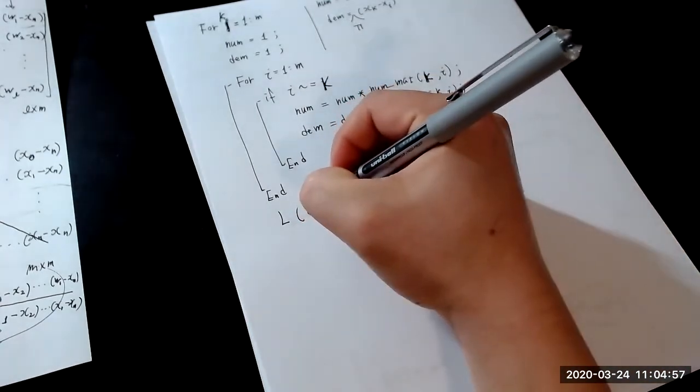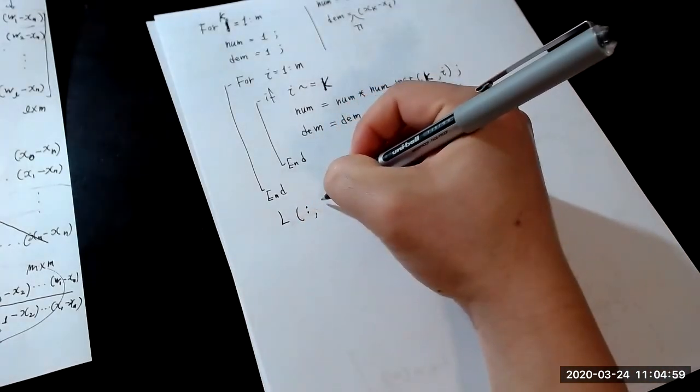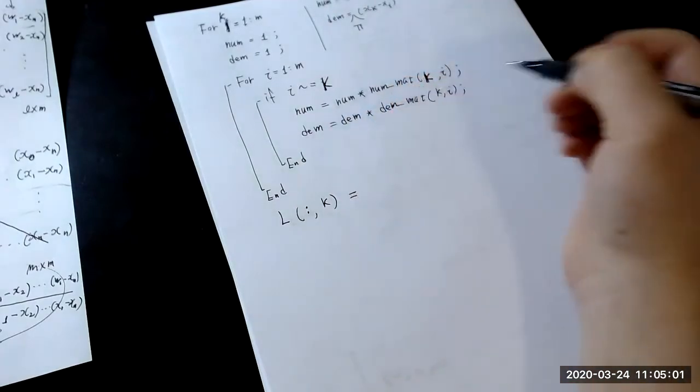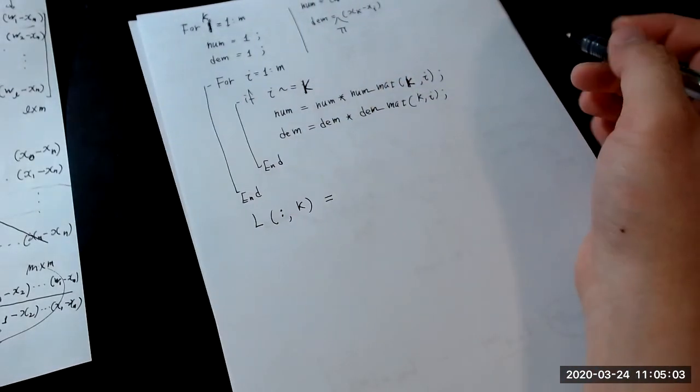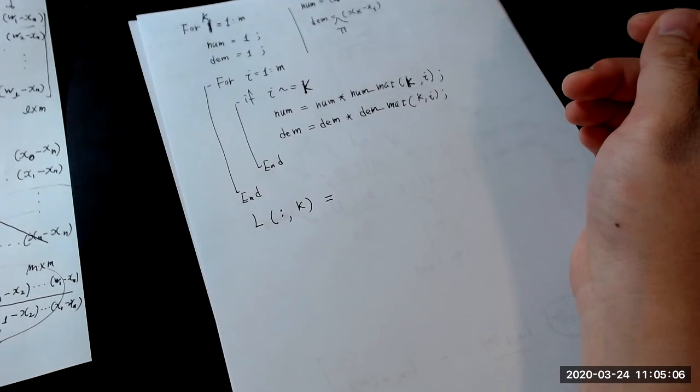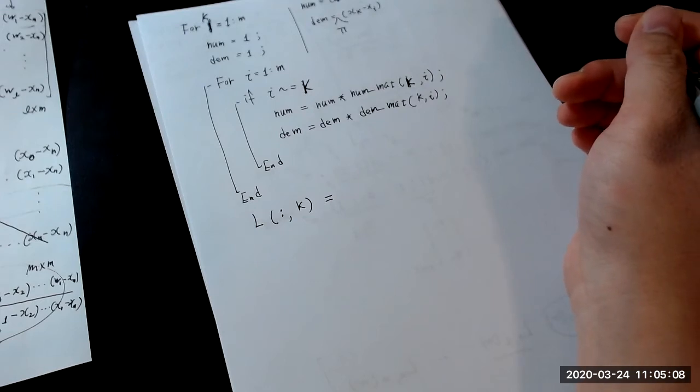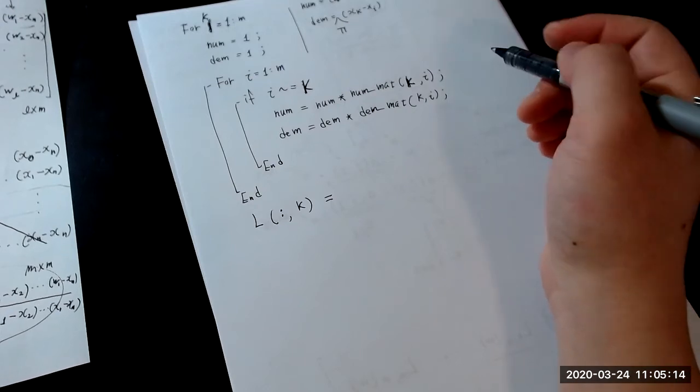L of all rows, comma k, is equal to then.